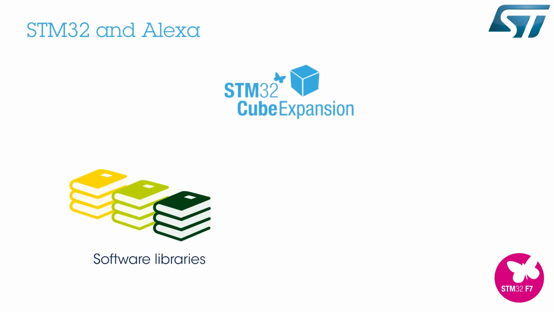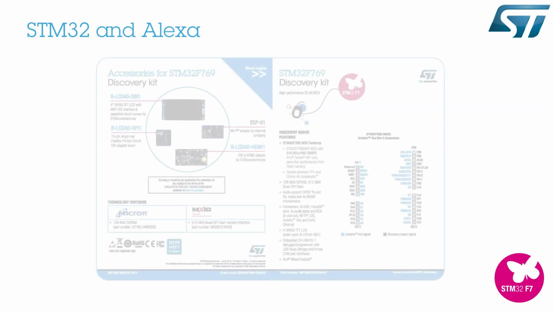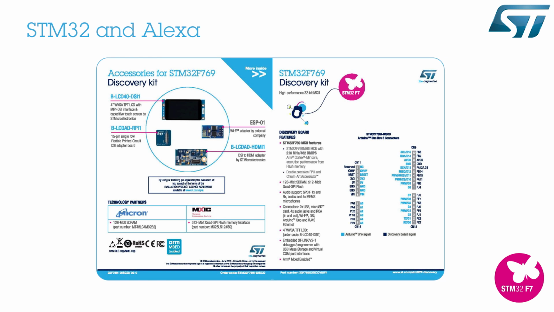The X-CUBE-VS4A STM32 Cube Expansion Package consists of libraries and application examples for the STM32F7 Series microcontrollers, acting as Alexa-enabled devices. And it runs on the 32F769 Discovery board, which provides a native Ethernet interface.